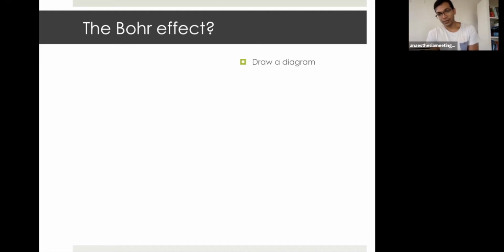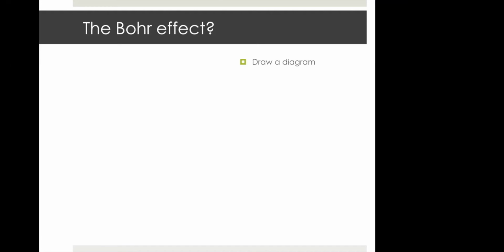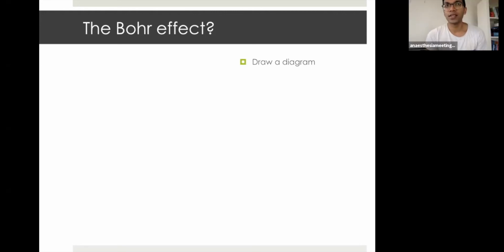What is the Bohr effect? So the Bohr effect refers to the affinity of hemoglobin for oxygen, and that it reduces under certain circumstances, being an increase in hydrogen ions or decrease in pH, and an increase in the partial pressure of carbon dioxide. Okay, say that again. What happens to oxygen?